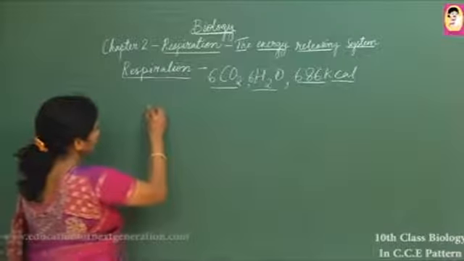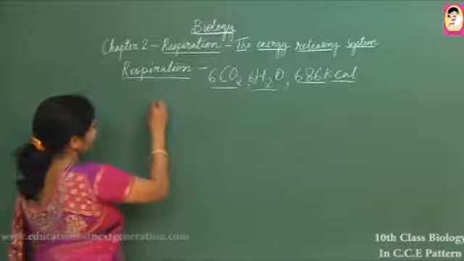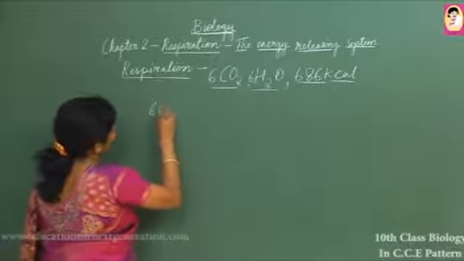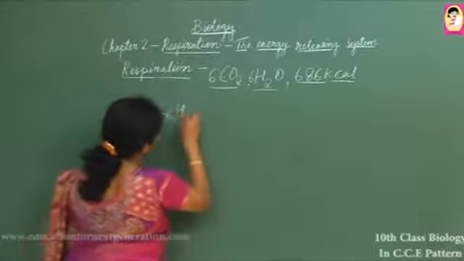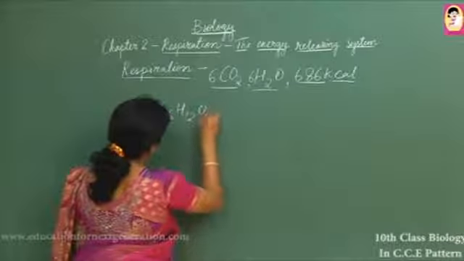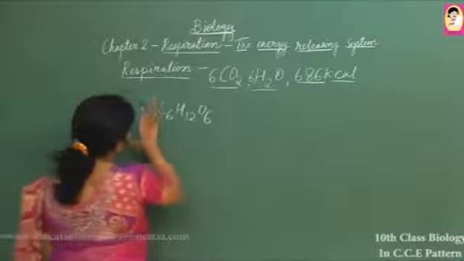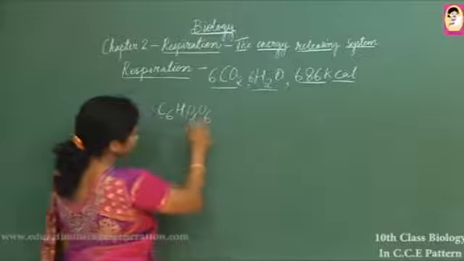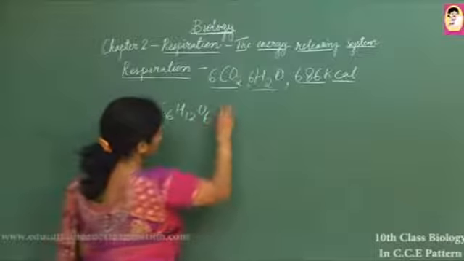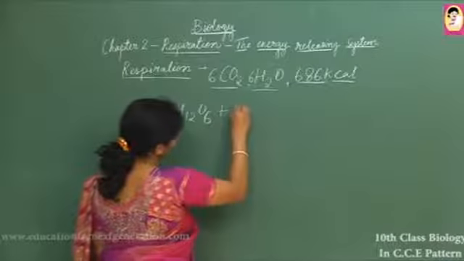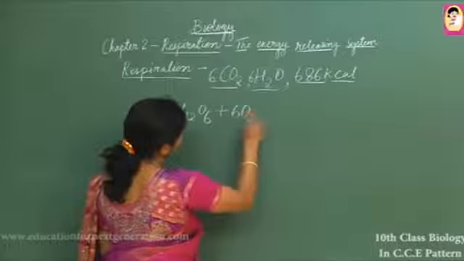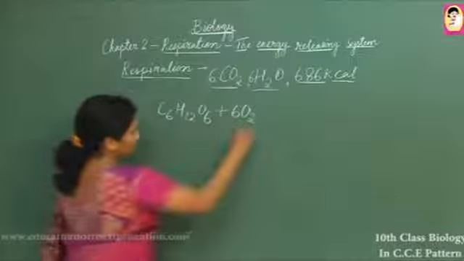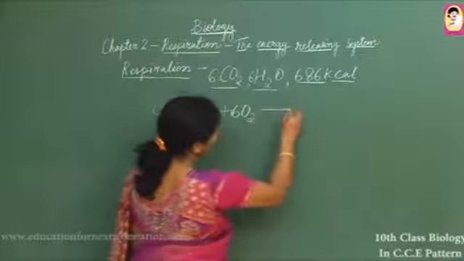The entire reaction we can write like this, or we can take one molecule to make it easy. 6C6H12O6, which is glucose, plus 6 molecules of oxygen is required when it is an aerobic respiration.